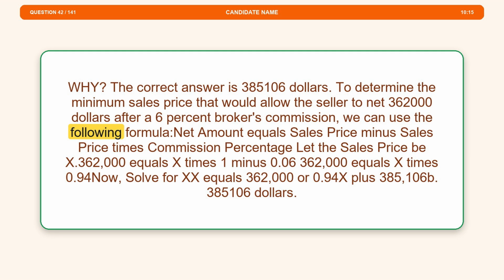Let the sales price be X. 362,000 equals X times (1 minus 0.06). 362,000 equals X times 0.94. Now solve for X: X equals 362,000 divided by 0.94, which equals $385,106.